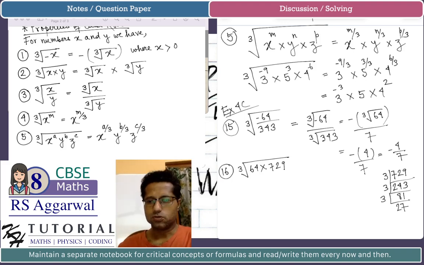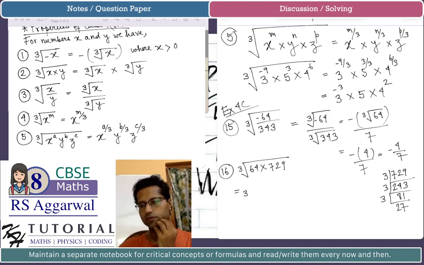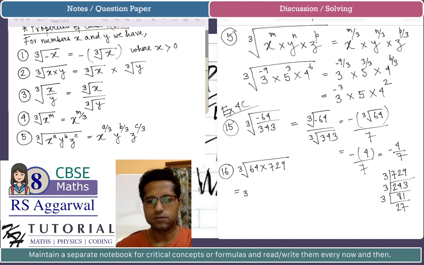So we can clearly see that 64 is a perfect cube and 729 will also be a perfect cube, because 729 is 3 into 3 into 3 into 27. Now we can rewrite it as cube root of 64.